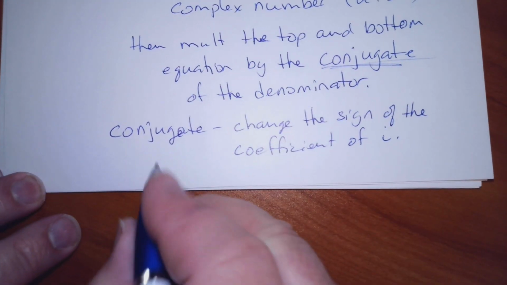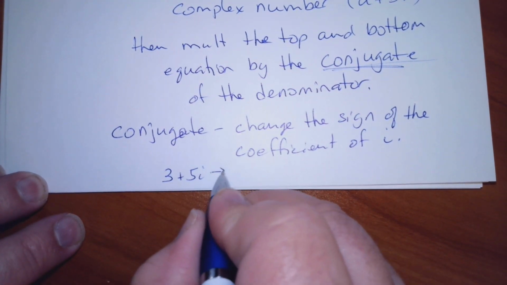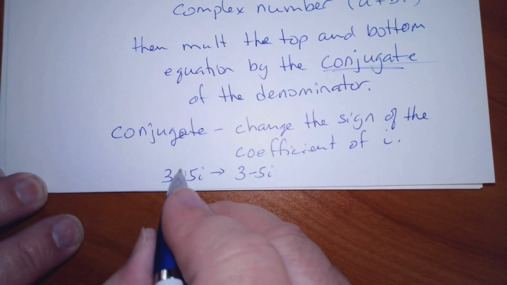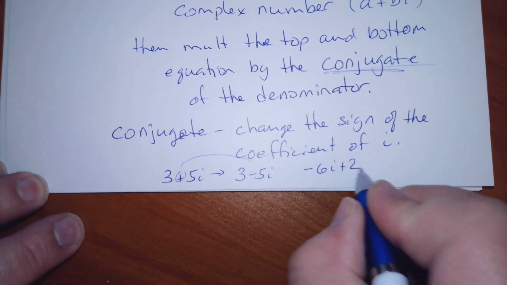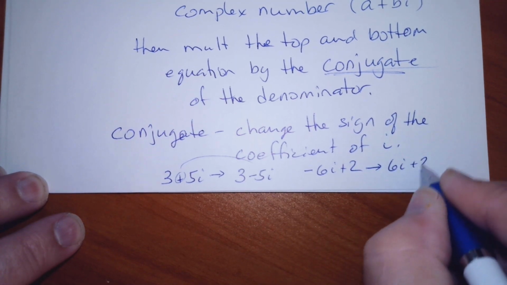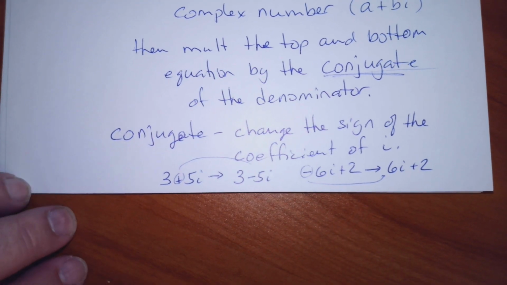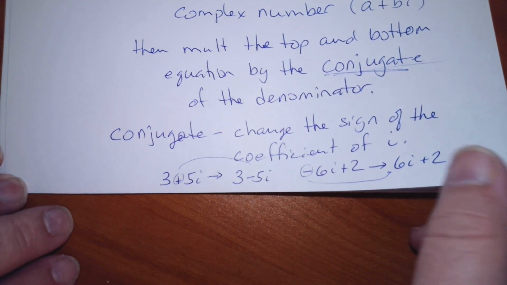So if I had 3 plus 5i, the conjugate is 3 minus 5i. Just change that sign. Negative 6i plus 2, the conjugate is positive 6i plus 2. It's just the sign in front of the i term. All right, let's look at an example.